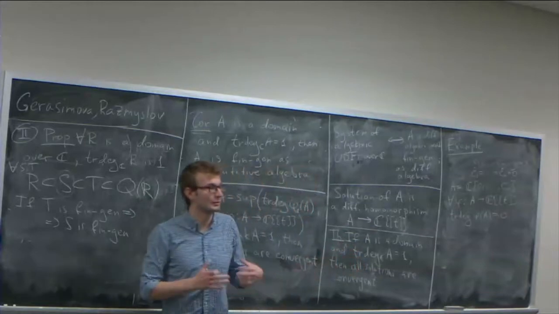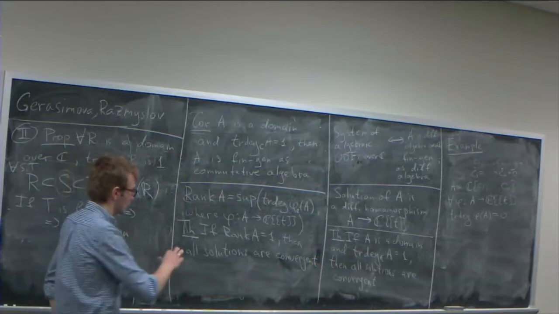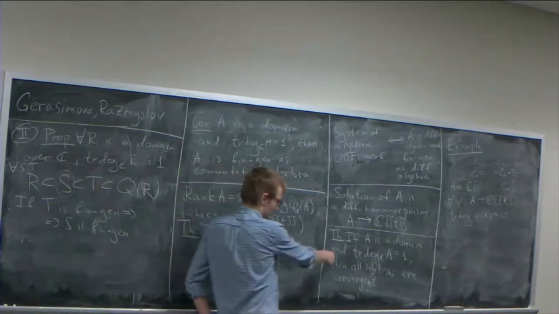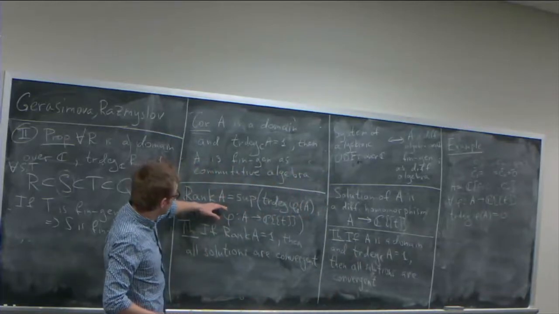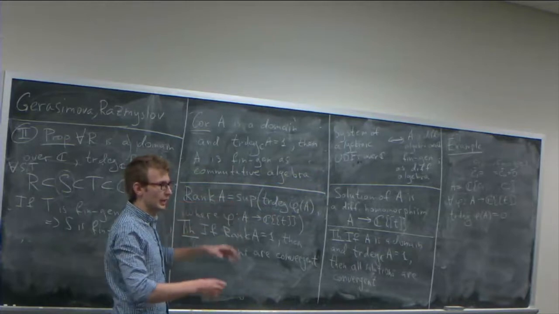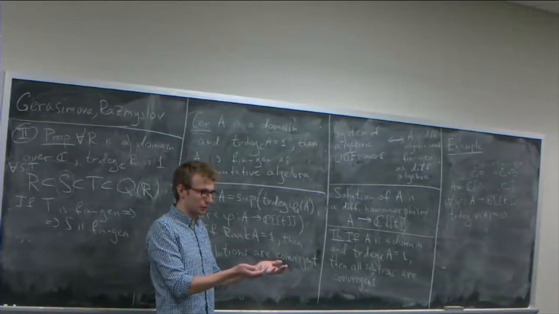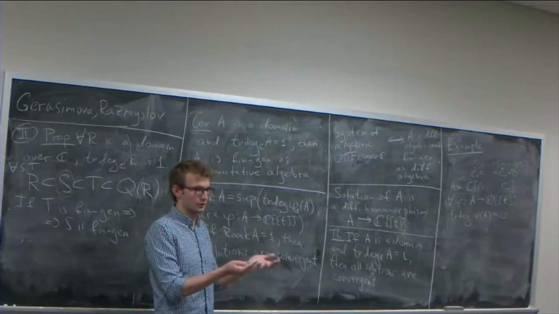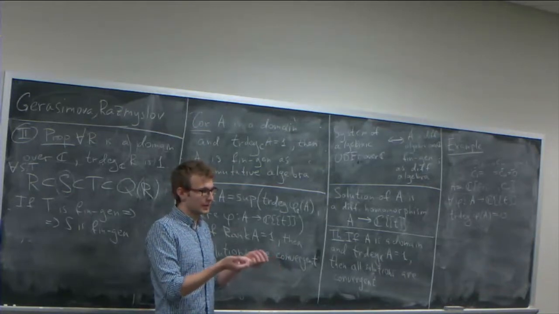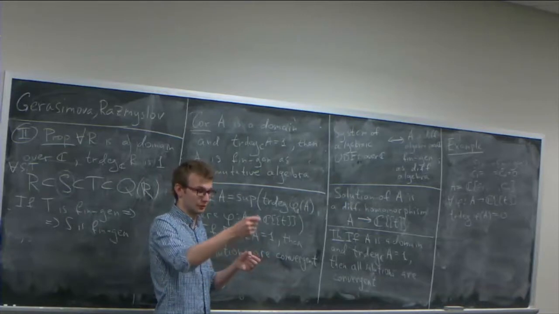So this example shows that this theorem is more than this one. And what does this rank A mean? When you have an image of A, you just have power series which are a solution of a system of equations, and these power series generate something of transcendence degree 1. This means that in phase space, you have a curve.